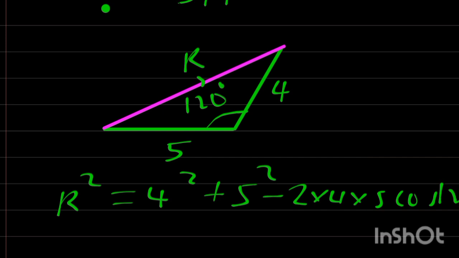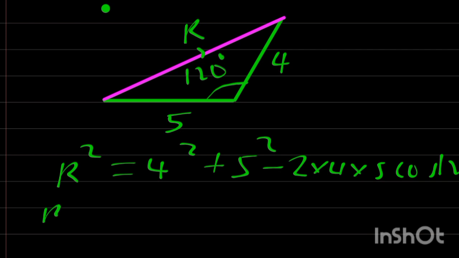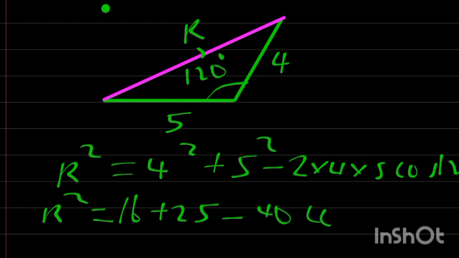Take note of that. So I'm going to have R square is equal to 16 plus 25, then minus 4 times 5, 20, times 2, 40, then cos 120.